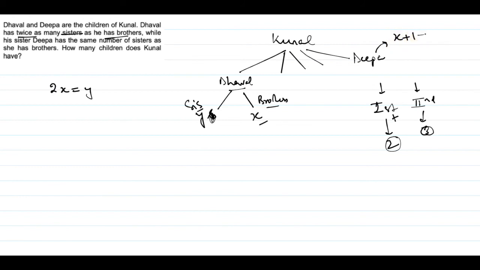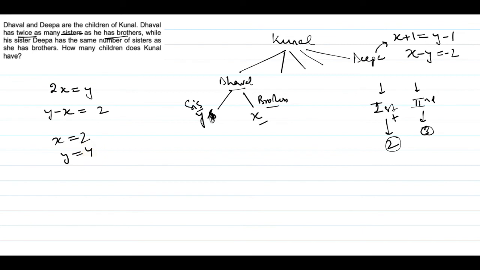And similarly, the number of sisters will be y minus 1, and we are given that these two are equal. The number of sisters y includes Deepa, so for the number of sisters you have to subtract 1. So you get x minus y equal to minus 2, or we can write y minus x equal to 2. If I put y as 2x here, then x equals 2 and y equals 4.